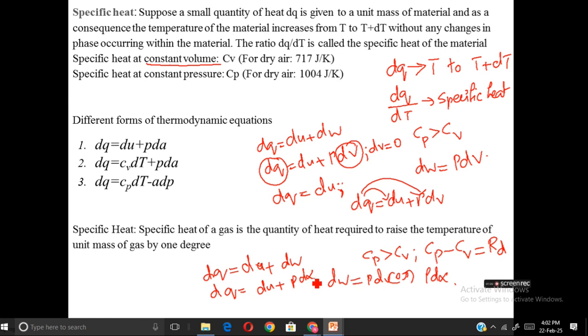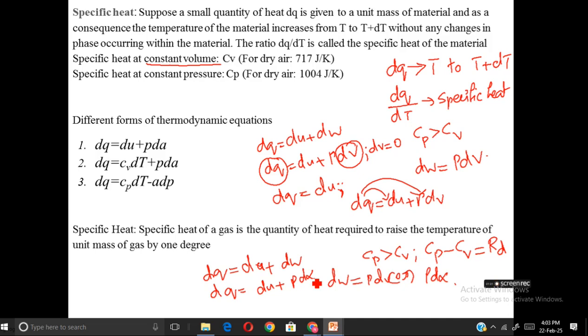This is the first form of thermodynamic equation. Now dq is equal to Cv dT plus p d alpha. This is another form of thermodynamic equation in terms of the specific heat at constant volume. And in terms of specific heat at constant pressure, we can write dq is equal to Cp dT minus alpha dp. So these are the three different forms of thermodynamic equation.